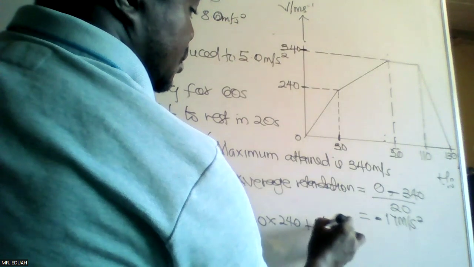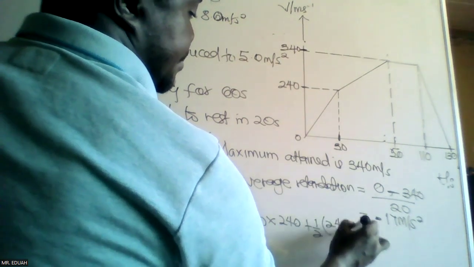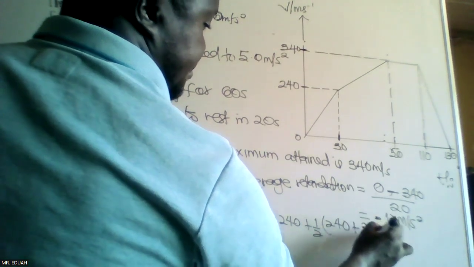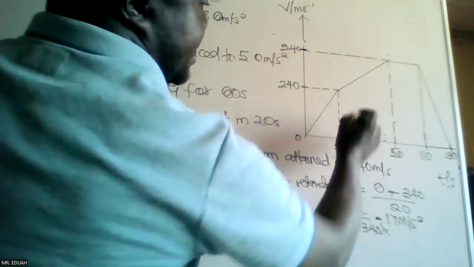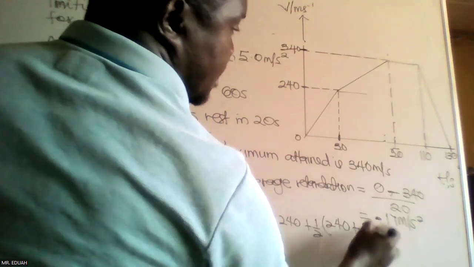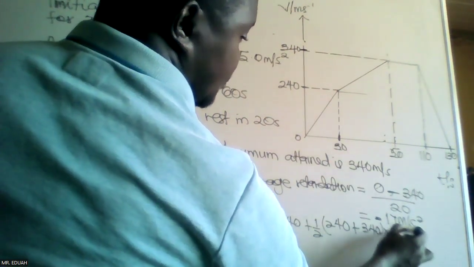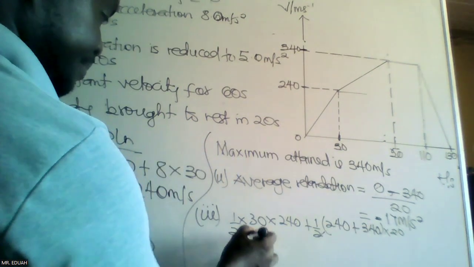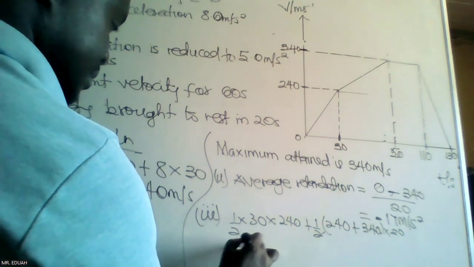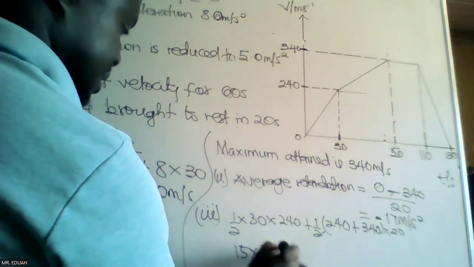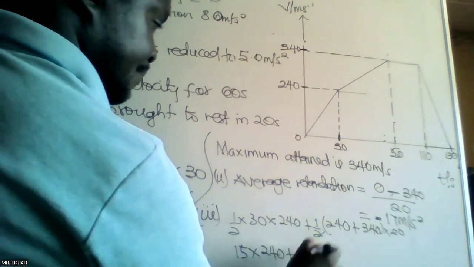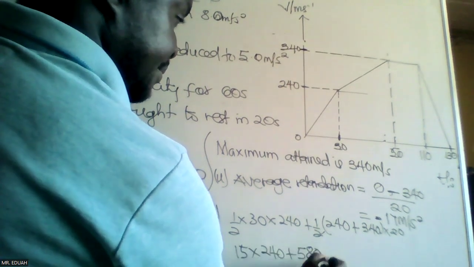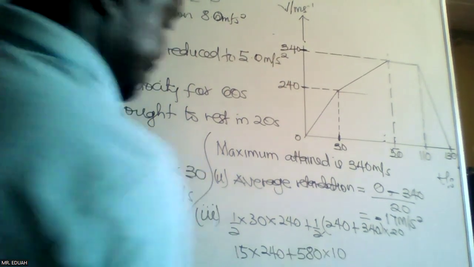A is 240 plus B is 340 times height. The height is 20. So we have 10. So in all we have 15 times 240 plus 580 times 10.